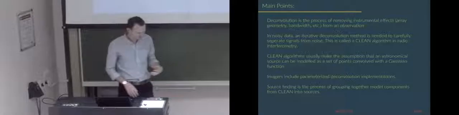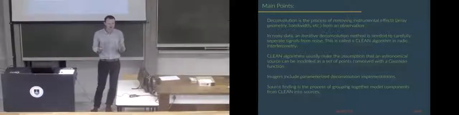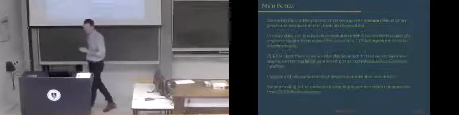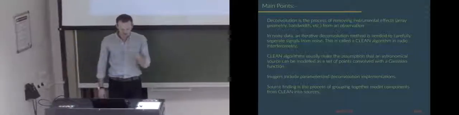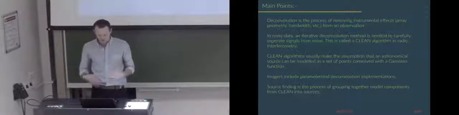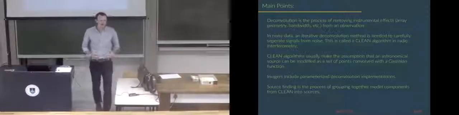We assume things are point sources, limited to the resolution of the array by some Gaussian function. Typically imagers will include some sort of deconvolution implementation. And source finding is the final step to combine the components into actual sources, or what we think are actual sources.